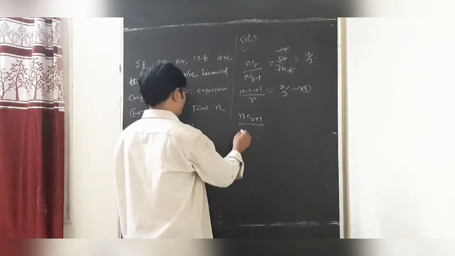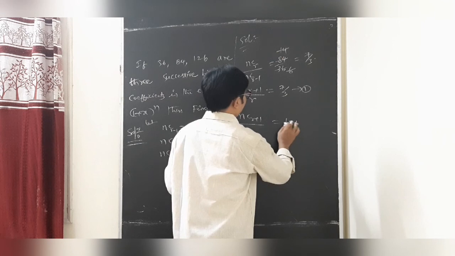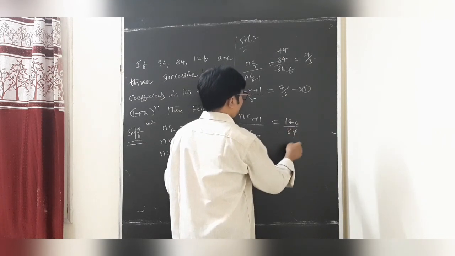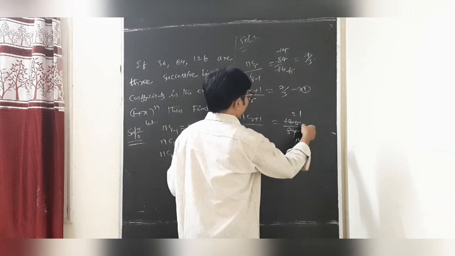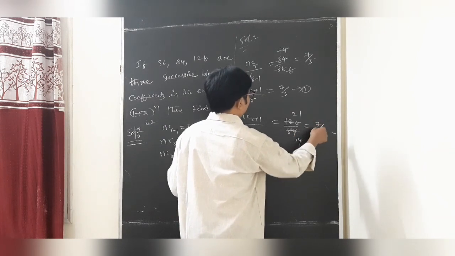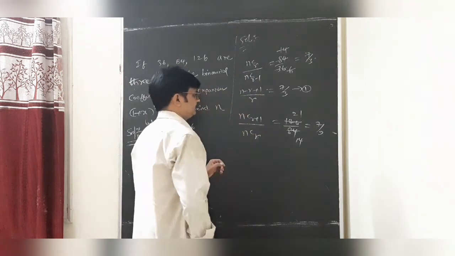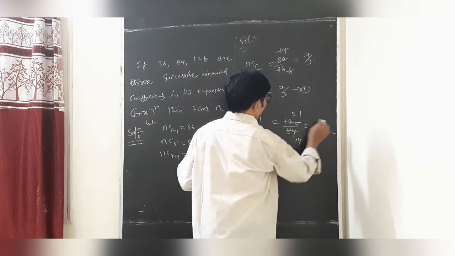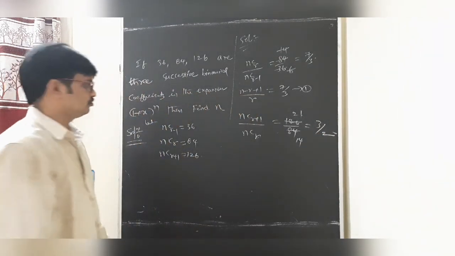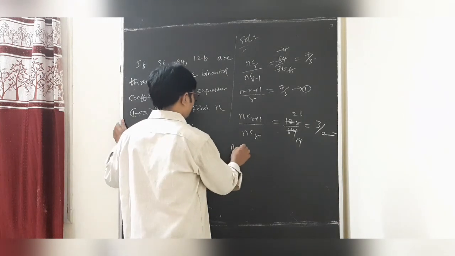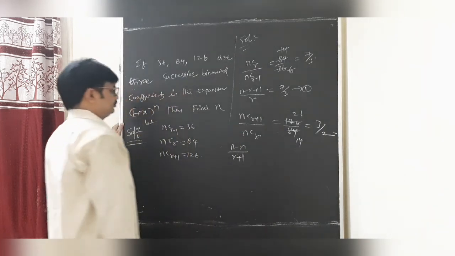My dear students, now nCr plus 1 upon nCr is 126 upon 84. 6 twos are 12, 6 ones are 6, 14 sixes are 84. After that 3 sevens are 21. What is it, students? 3 by 2. This is n minus r upon r plus 1.